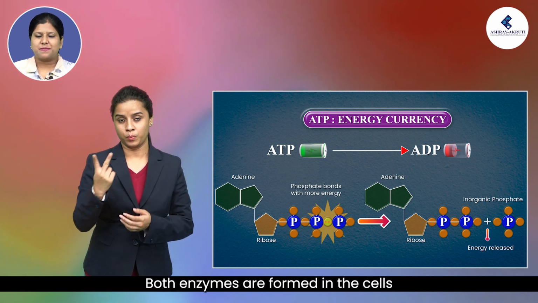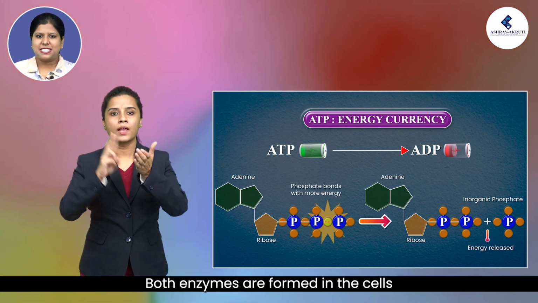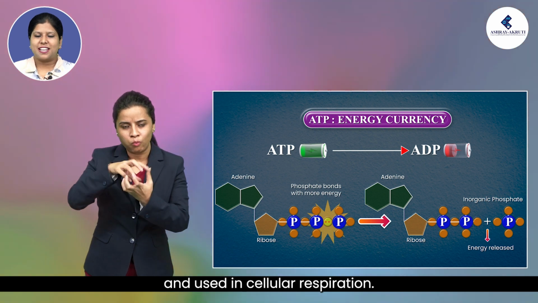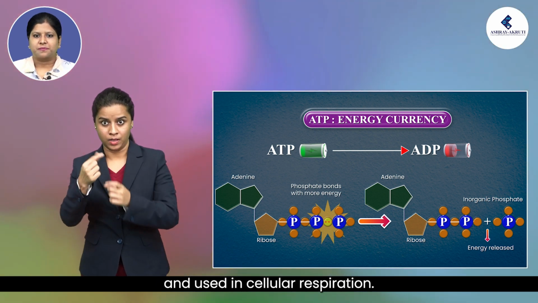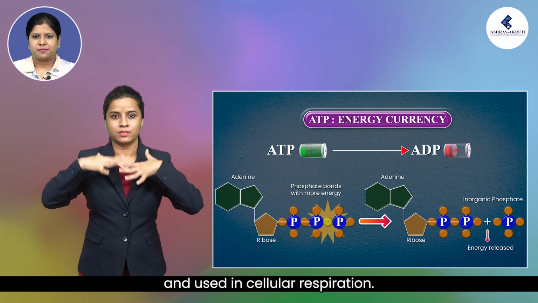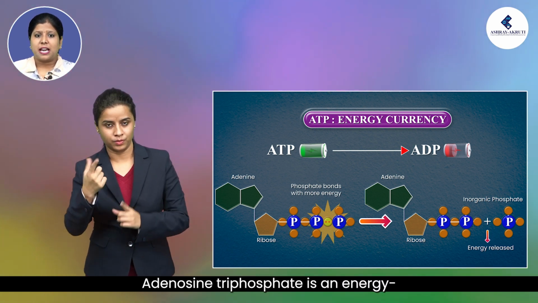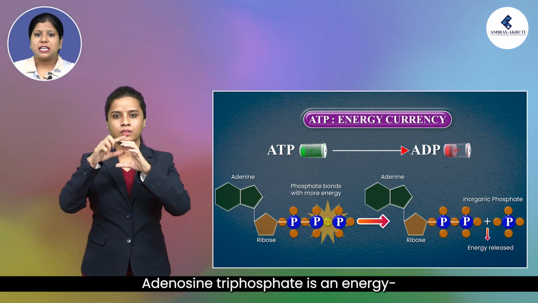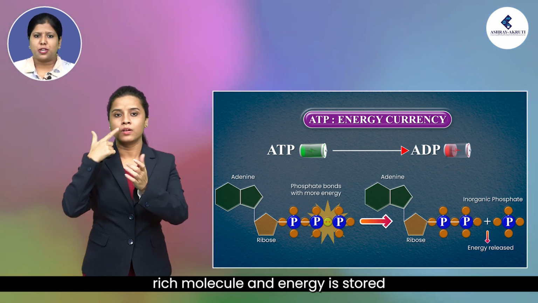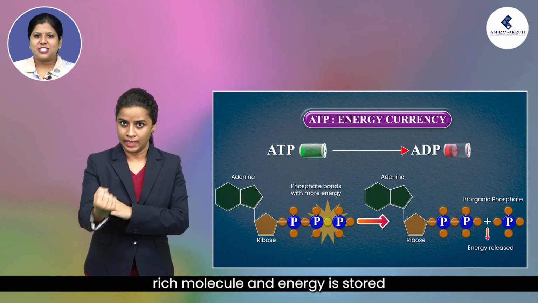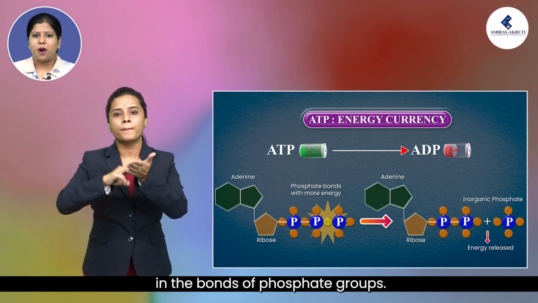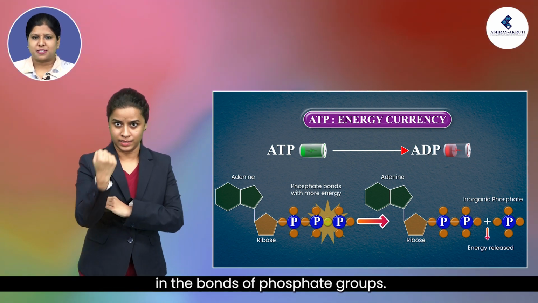Both enzymes are formed in the cells and used in cellular respiration. ATP or adenosine triphosphate is an energy-rich molecule and energy is stored in the bonds of phosphate groups.